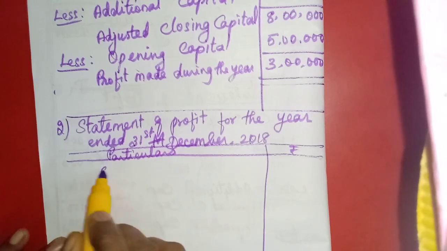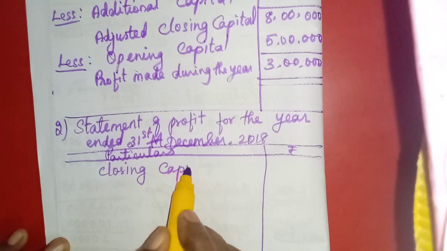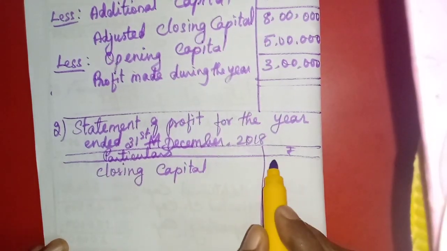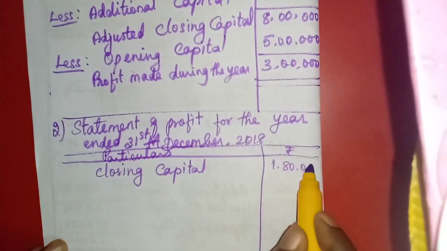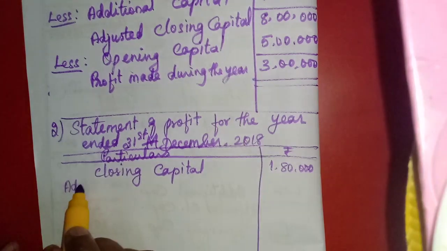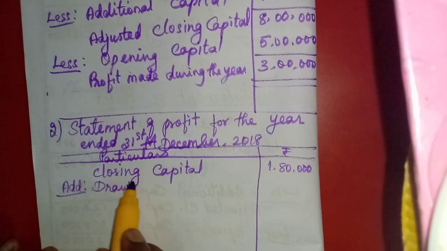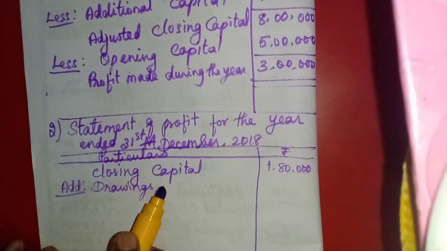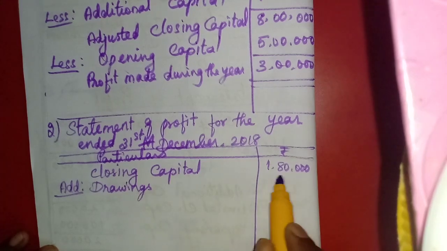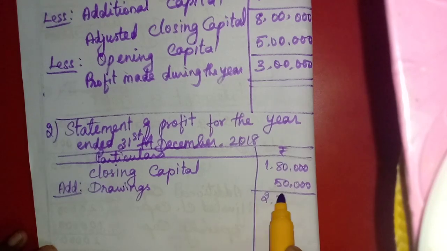First one, closing capital. Closing capital, how much? 1,80,000. Add drawings. How much? 50,000. So how much will we get? 2,30,000.